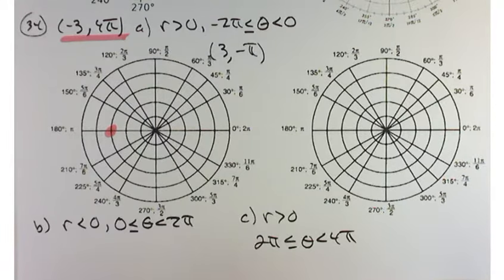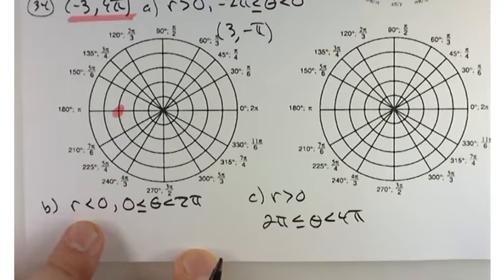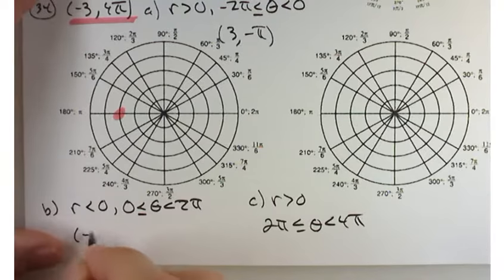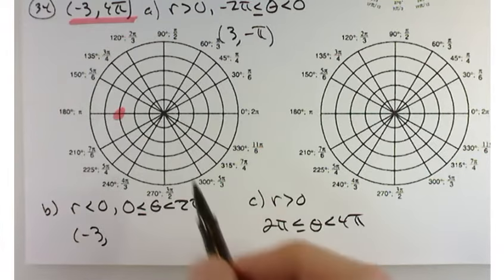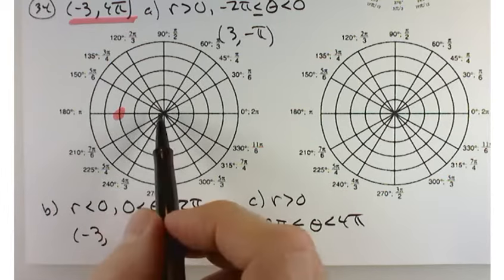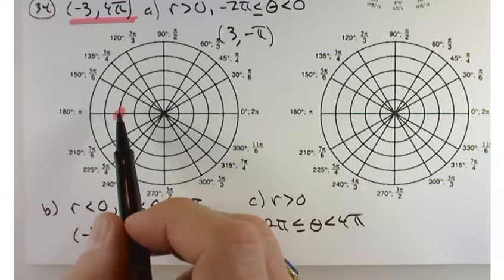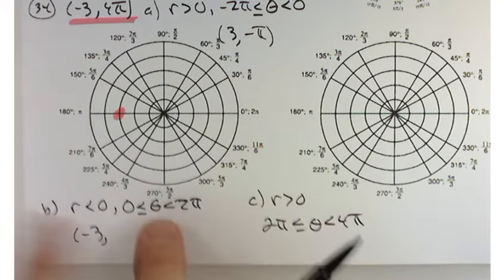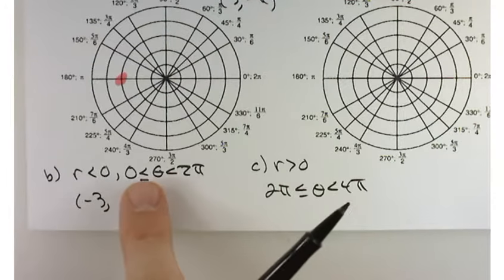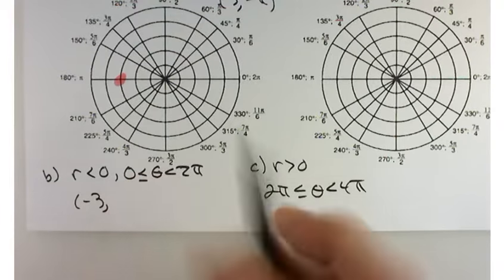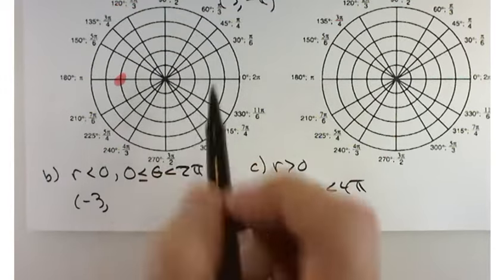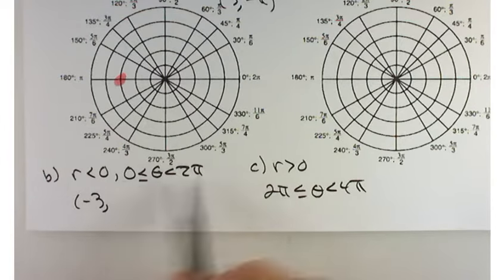For part B, note that you need a negative radius. So it means negative 3 here. Now if I have a negative radius, my angle should put me here. So then when I deal with the negative radius, I end up over here. So look at your choices. What angle puts you right on this x-axis amongst all these different angles?